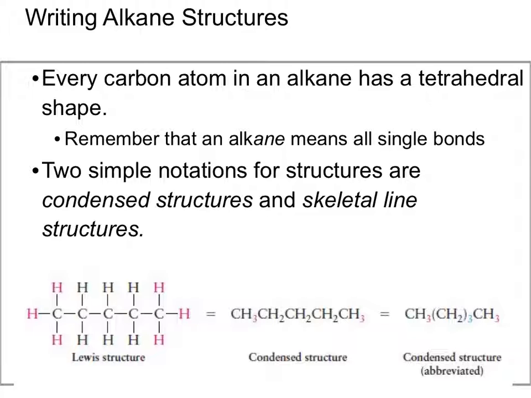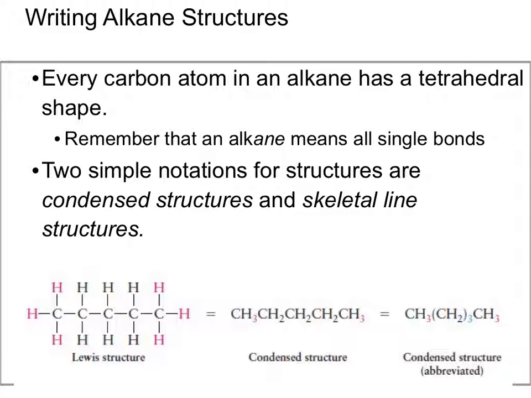We simply write out all of the different atoms. We see first our CH3 group here in the Lewis structure, and CH3 in the condensed structure. That CH3 is followed by a CH2, another CH2, one more CH2, and finally the end with another CH3.